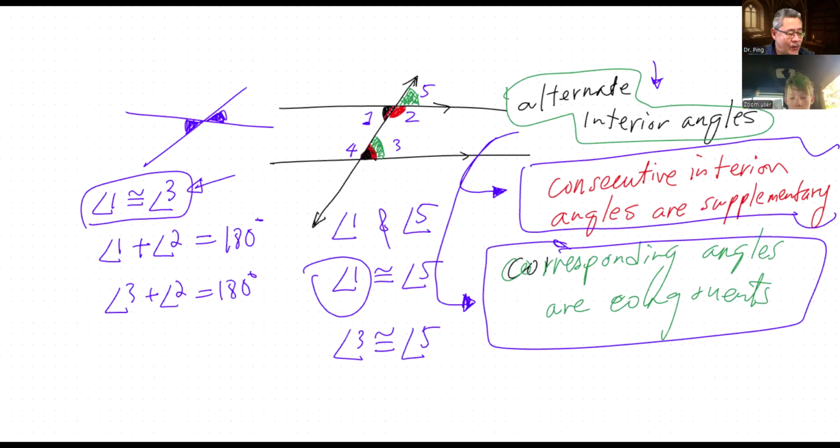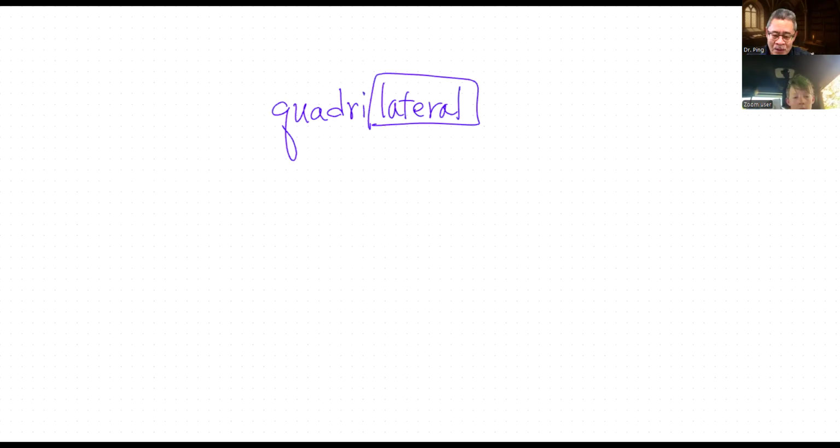Okay. So today's lesson is about the quadrilateral. Now, from the name, we actually have two parts. One is quad. Now we know quad is four. Lateral means the side. So quadrilateral is any shape we have four sides.